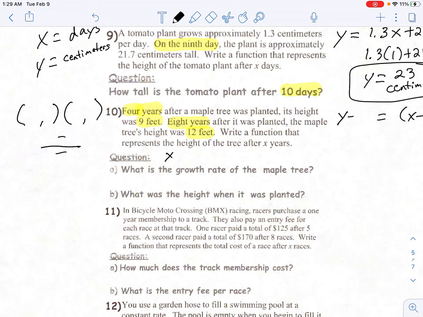So, it tells you on your labels that X is in years, and then the Y. Look at your labels. 4 years, 9 what? So, Y is going to have to be in feet. Remember, this is X, this is Y, that's X, that's Y. If it wants X in years, so 4 years, 9 feet. 8 years, 12 feet.